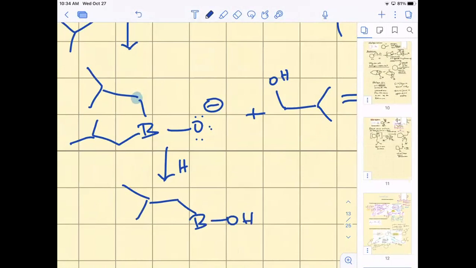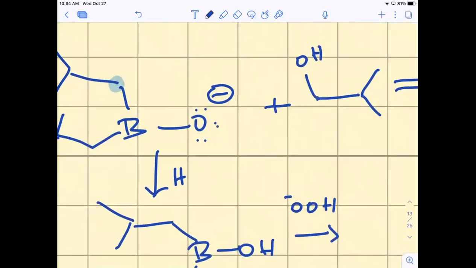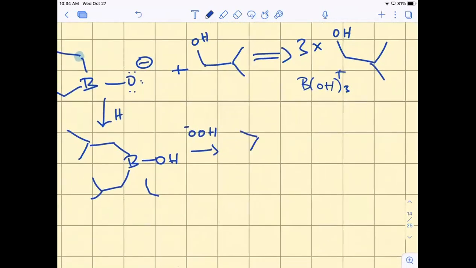this. Okay, right? So then I'm going to take that and treat that again with OOH minus. I'm going to do the exact same thing again to give me another intermediate.